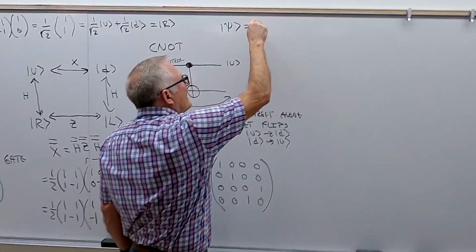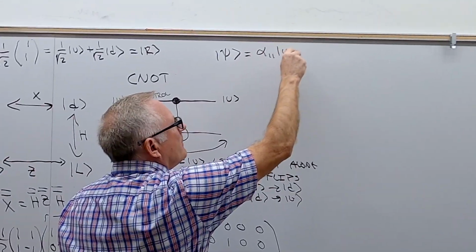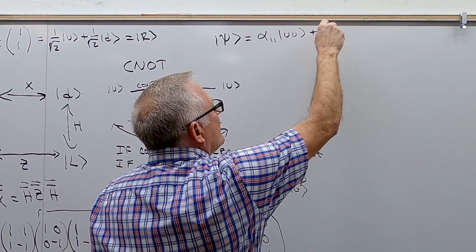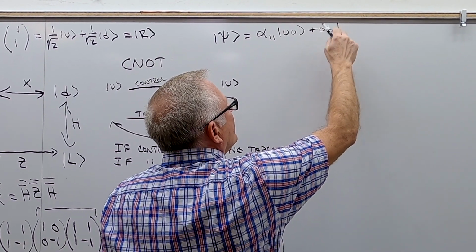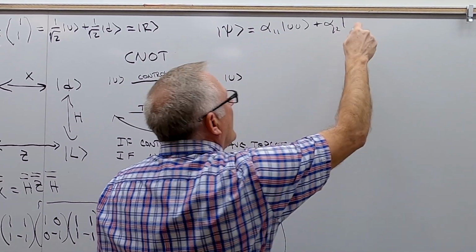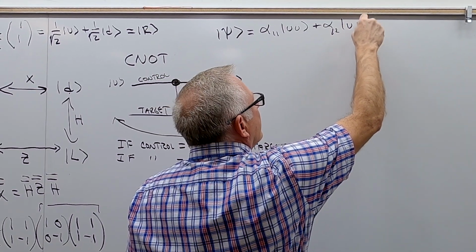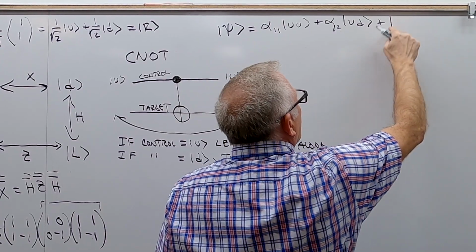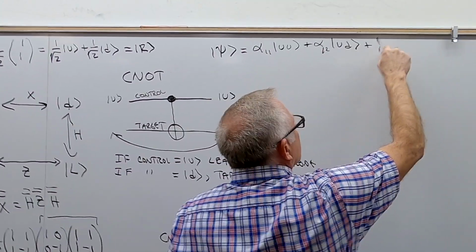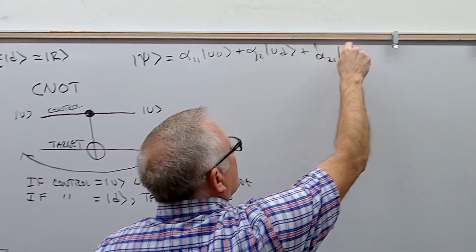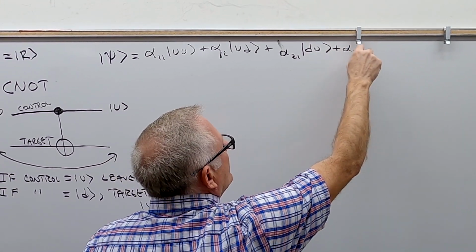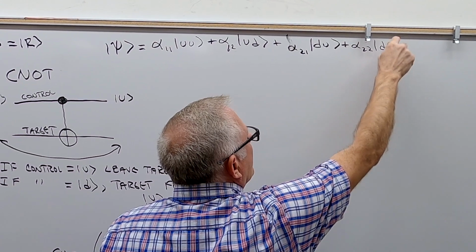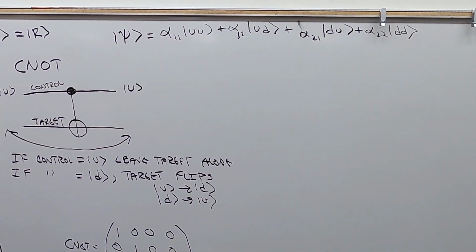We had something like an alpha 1,1 up, up, plus alpha 1,2 up, down, plus alpha 2,1 down, up, plus alpha 2,2 down, down. That was our 2-qubit system.